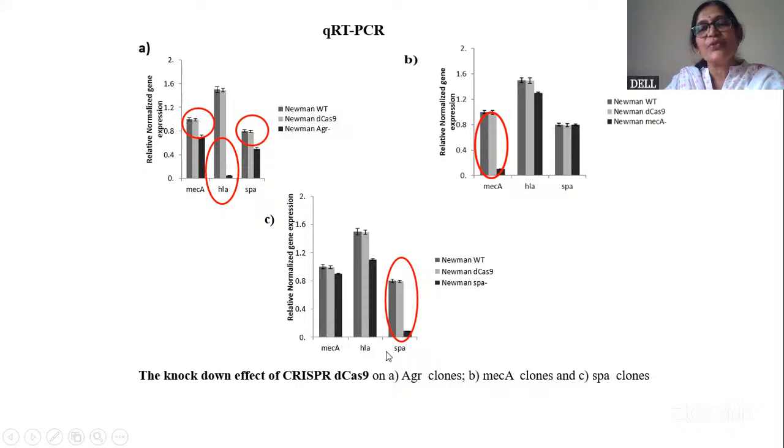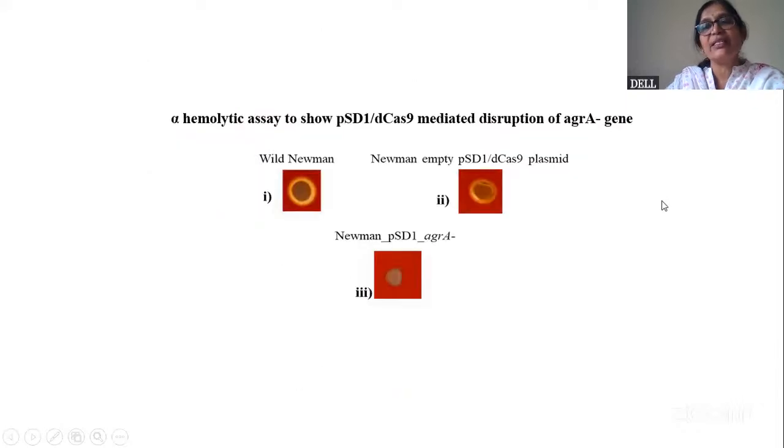So we tried to look at the hemolytic activity. Now, when we did the alpha hemolytic assay, in the case of PSD1 dCas9-mediated disruption of the AGRA gene, we see that in wild type there is always hemolysis.